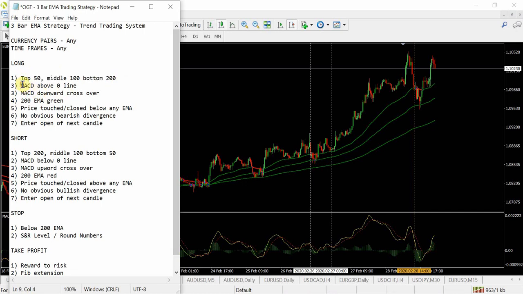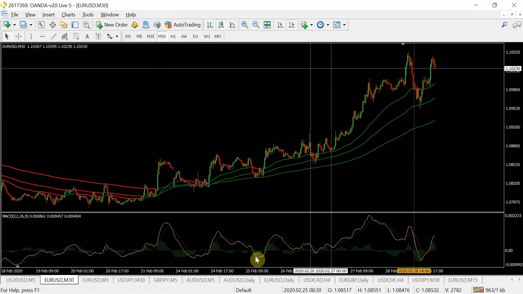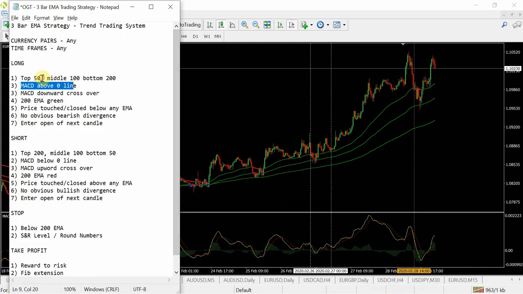The next thing we're looking for is when the MACD is above the zero line. Generally, in little areas over here and over here, if these three are in that particular order, you're going to be above the zero line, as you can see there. So when these two situations are true, we're looking for the MACD to do a downward crossover.